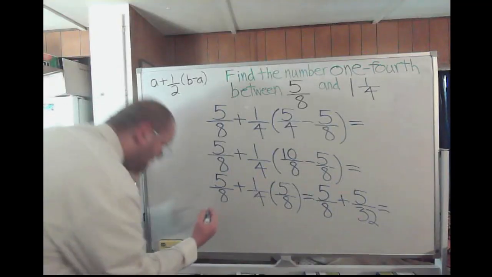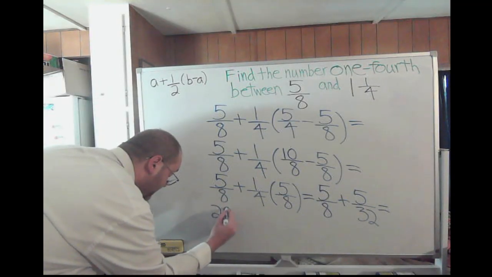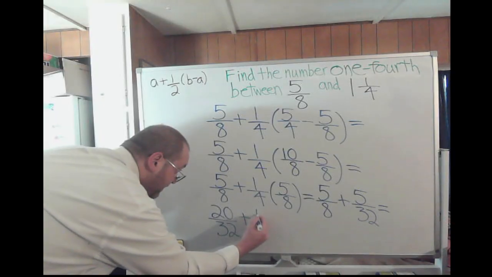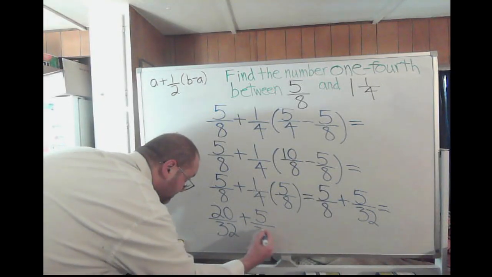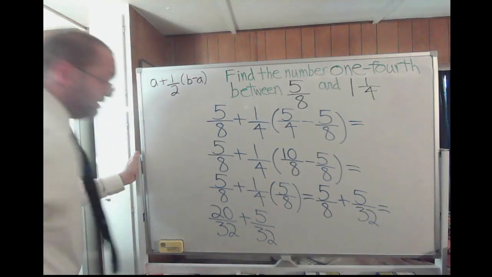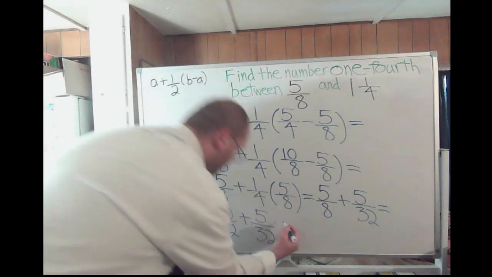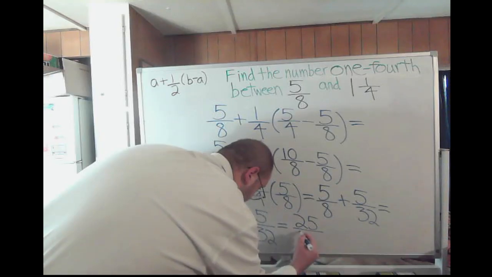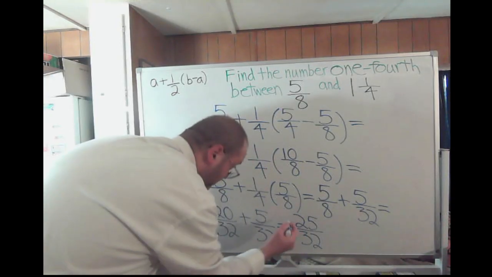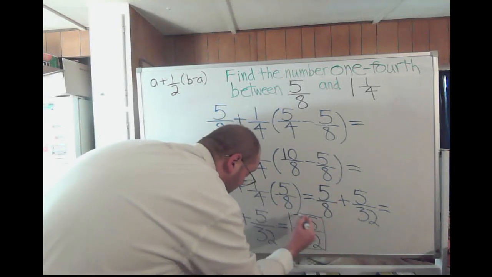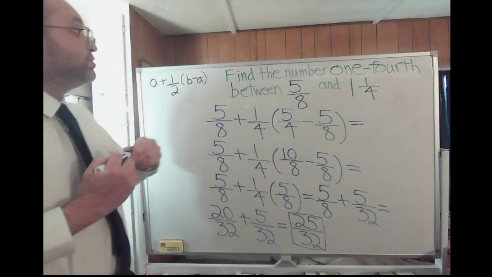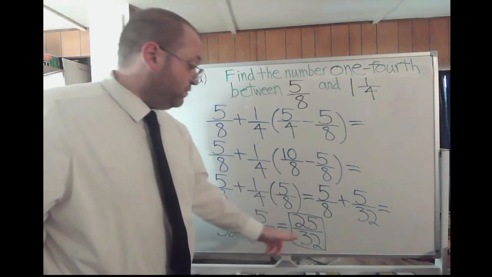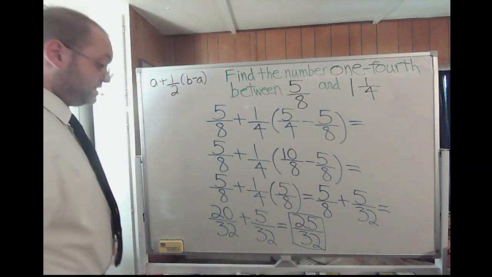If we do that, you'll end up getting 20/32 plus the 5/32, which, when you add them together, you'll get 25/32. And they don't reduce any further, so that is your answer. So the number that is 1/4 of the way between 5/8 and 1 1/4 is 25/32.